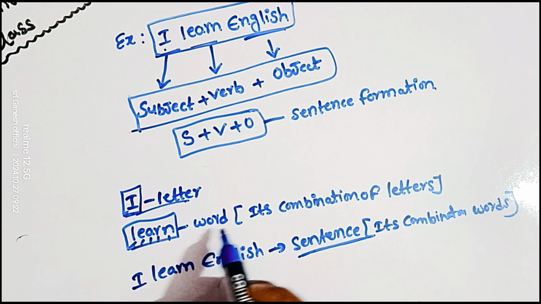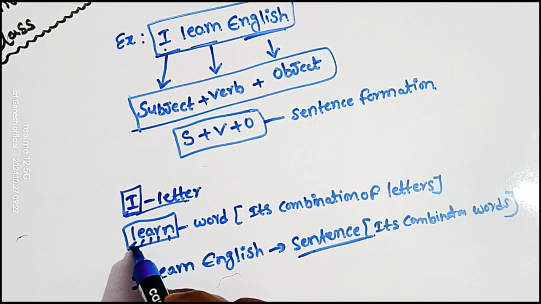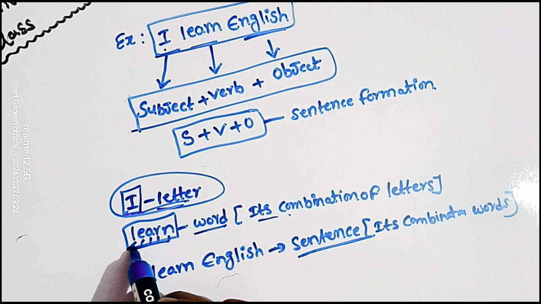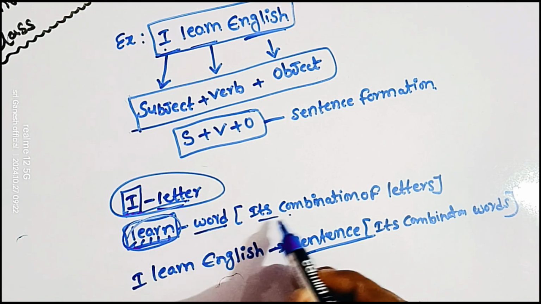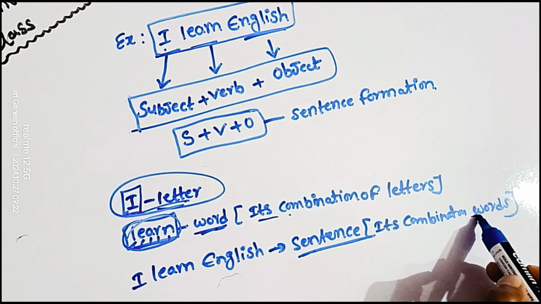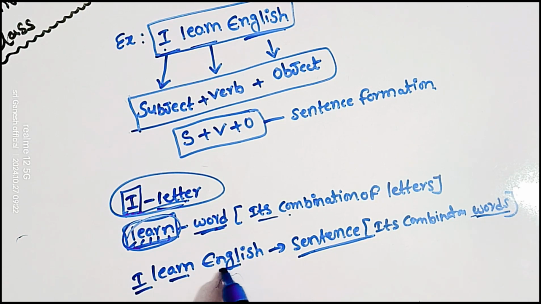I is the letter. Learn is a word. A word is a combination of letters. Sentence means a combination of words. A combination of words is called a sentence.